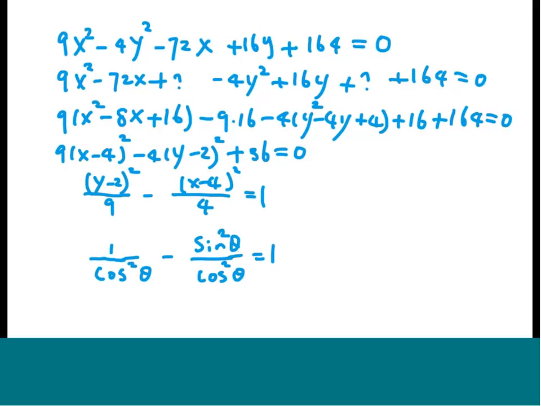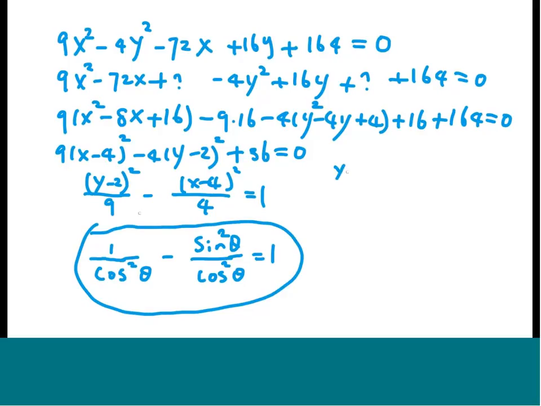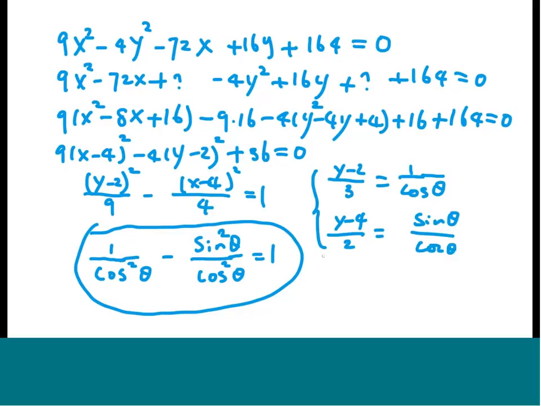So if you keep this one in mind, you can have y minus 2 sine 3 and y minus 4. So this is your parameter and so you can write y minus 2 as this theta.